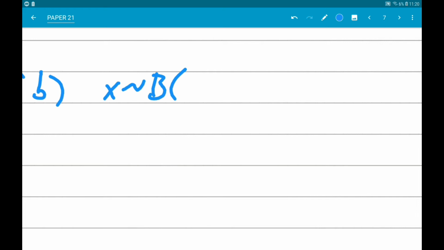n is 28 and p is 1/5 or 0.2. Okay. So, we want probability x is greater than or equal to 7.